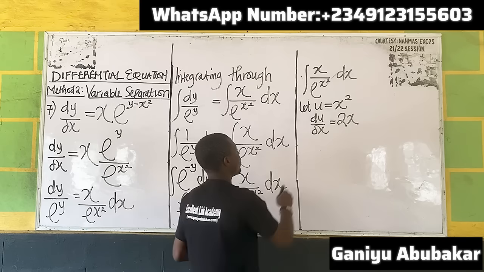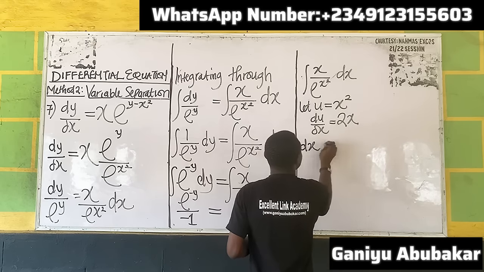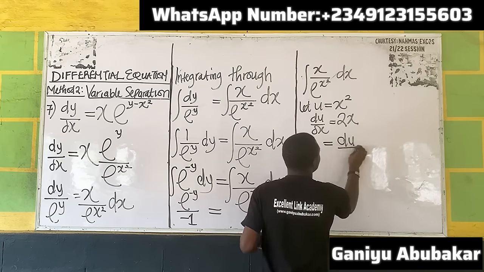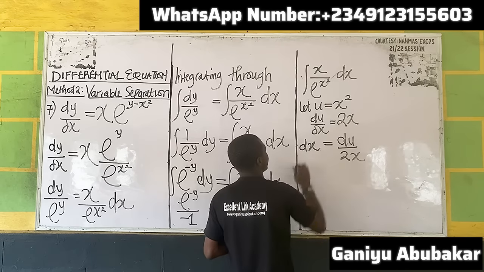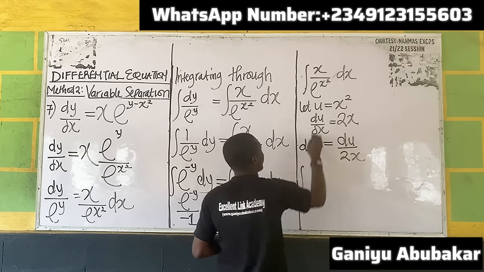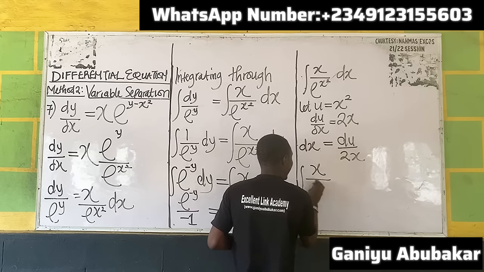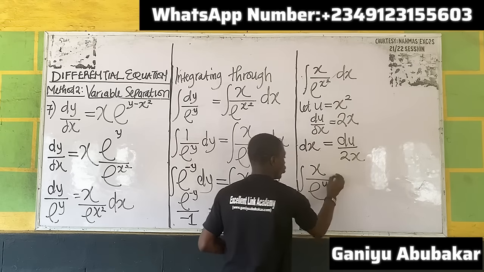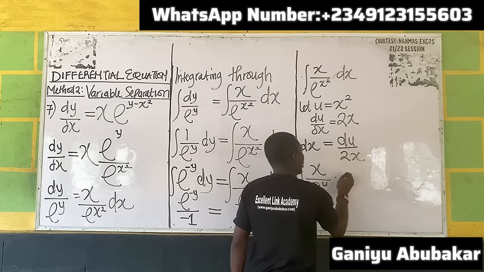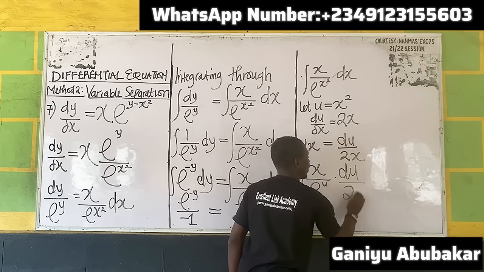So from here, make dx the subject: dx equals du over 2x. Substituting, I'll have that the integral of x all over exponential x squared is now u, and dx is now du over 2x.